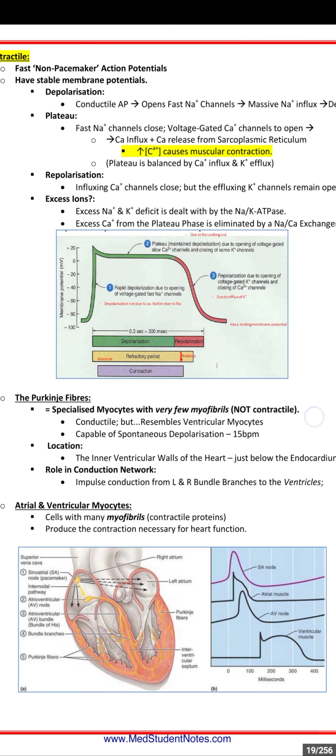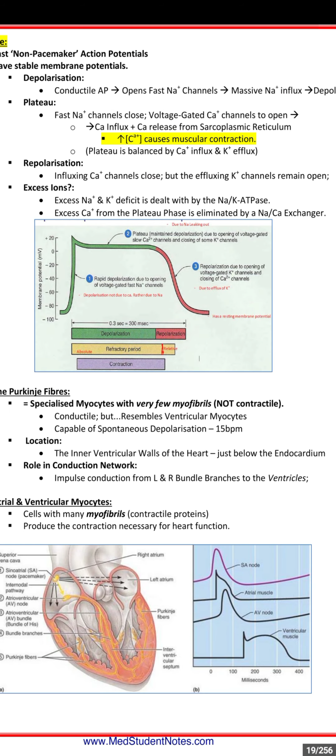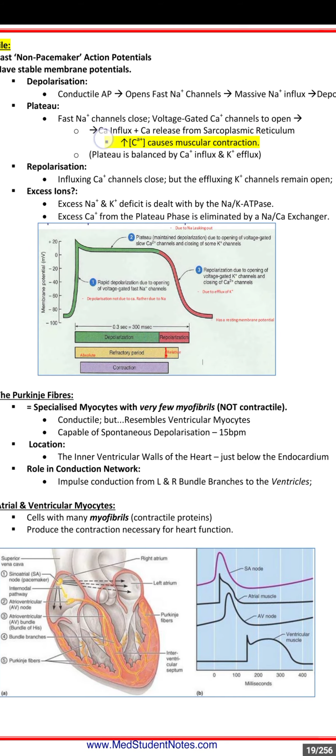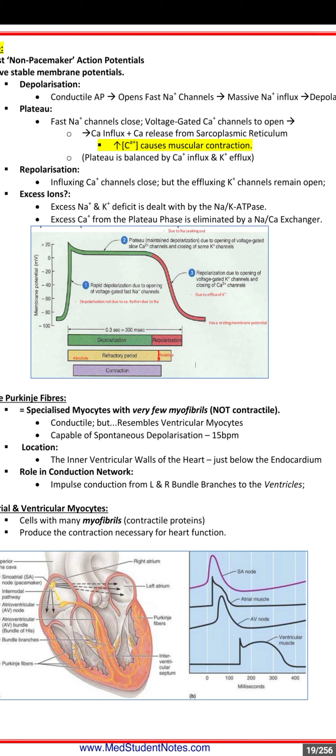The sodium ion and potassium ion deficit is dealt with by the sodium potassium ATPase. So if there is a deficit in the sodium and potassium ion levels, it is dealt with by sodium potassium ATPase.